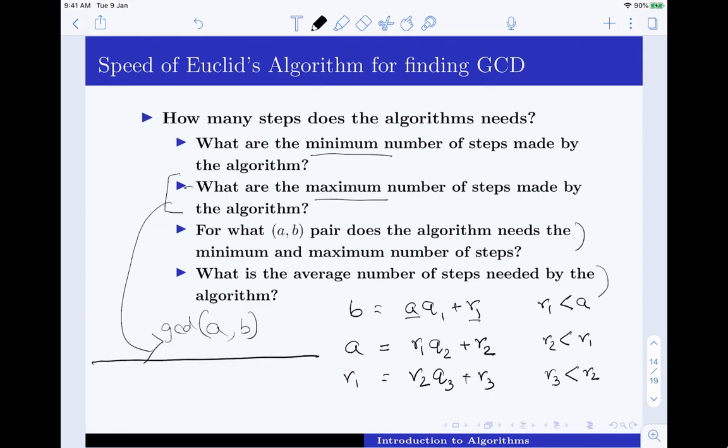The important thing that you need to prove, and I will write it as a note and let you go and think about it, is that all I can say is R2 is less than R1 is less than A, but R2 is less than A by 2. So in other words, after every 2 steps, when you go from A to R2, the value is going down by a factor of 2.